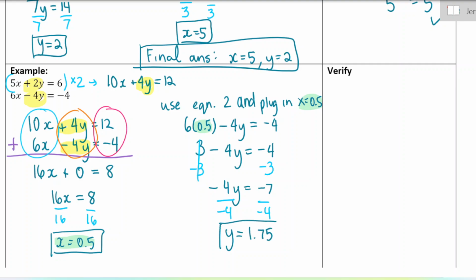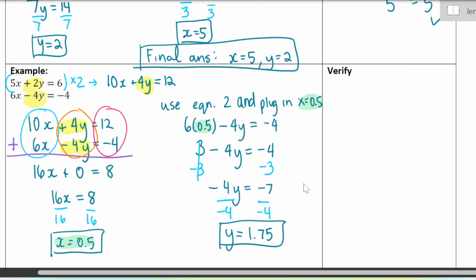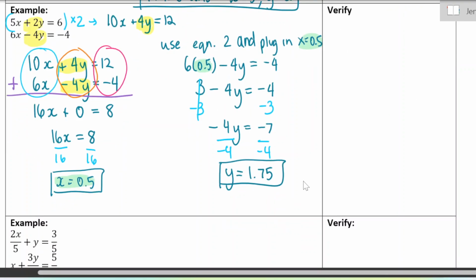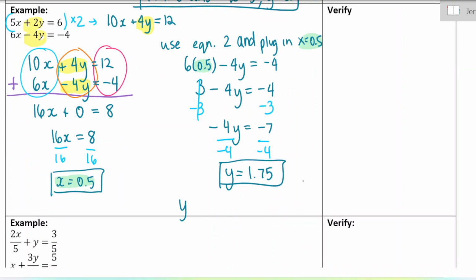Now you could write that as a fraction, or you can write it as a decimal, it doesn't matter. But your final answer here would be, actually, let's write final answer. X equals 0.5, comma, y equals 1.75.